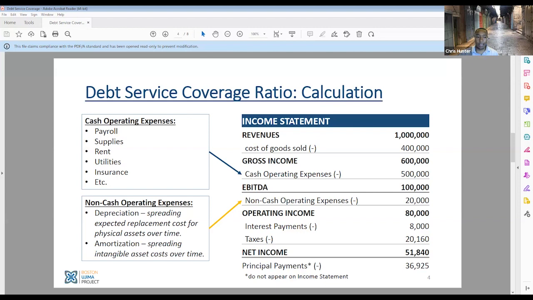And amortization is slightly different in that it is doing the same thing as depreciation, but it's only looking at intangible assets. And there are really, I'd say, fewer intangible assets that you might think about. But intangible assets are something like, if I buy a business, someone wants to sell me their business for $1 million, but I know and they know that the business is only worth $800,000.